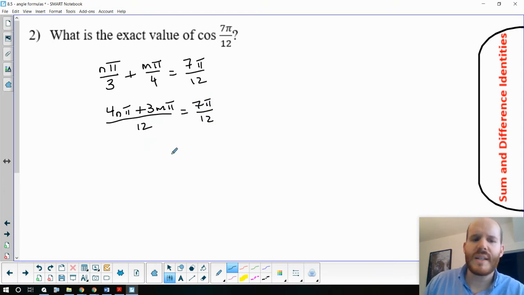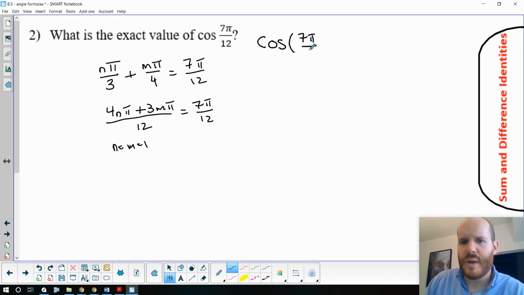Now there's lots of correct combinations, but just eyeballing, I noticed that if n is 1 and m is 1, I get 4 plus 3, which is 7. So that's a circumstance where I can decompose 7 pi over 12 into 1 pi over 3 and 1 pi over 4. And that's how I can creatively break down 7 pi over 12 into a sum or difference so that I can use one of these identities.